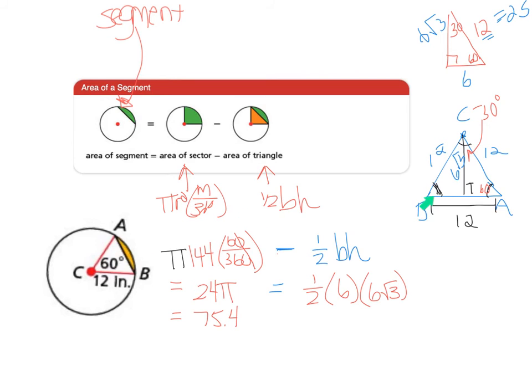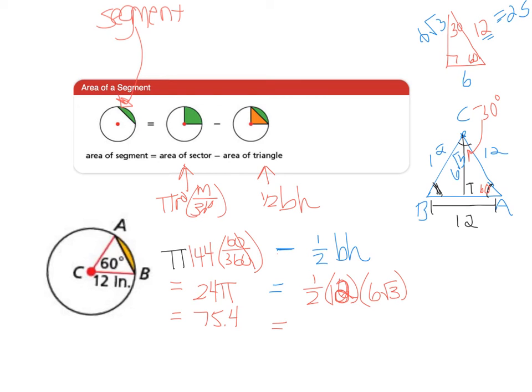I redrew my triangle over here. There's my radius of 12 and my other radius of 12. I drew a line straight down so I could work on getting the height. I know that this angle must be half of the 60, so that's 30. From there you can either use 30, 60, 90, or you can use trigonometry to find the bottom piece and the height.